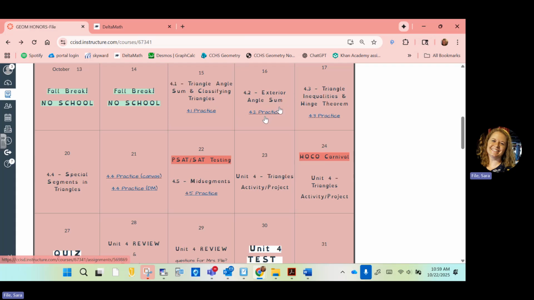So if you still haven't finished 4.2, you might want to double check that 4.2 and 4.3 are done and get those done first. And then you can make sure the 4.4s are done. Remember, the Canvas piece was just identifying the type of segment, and then the Delta Math was the actually solving and calculating stuff. And then here's today's.